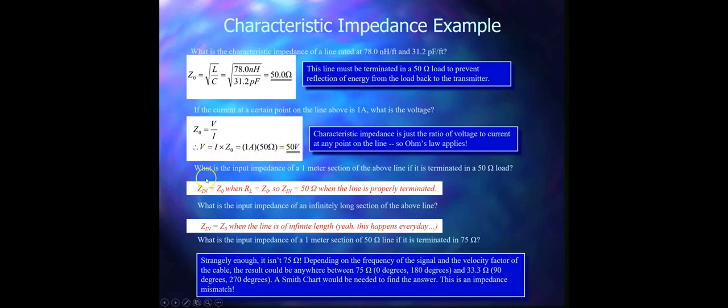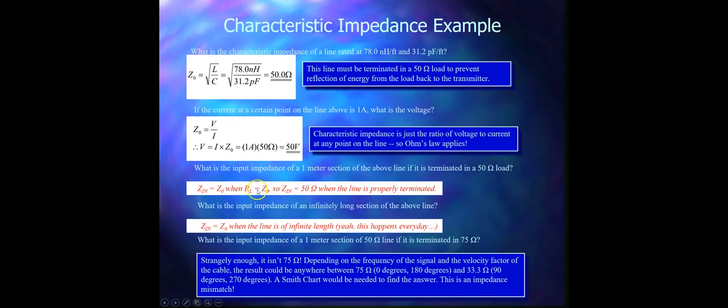Now next it says what is the input impedance of a 1 meter section of the above line if it is terminated in a 50 ohm load. So the input impedance should be equal to Z0, which is your characteristic impedance, when the load resistance is equal to the characteristic impedance.